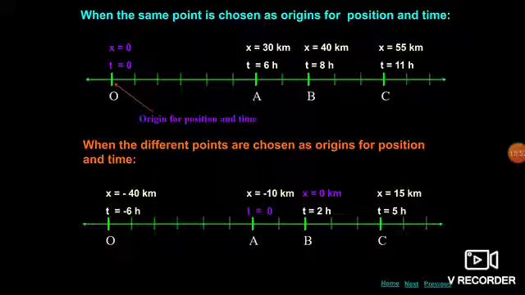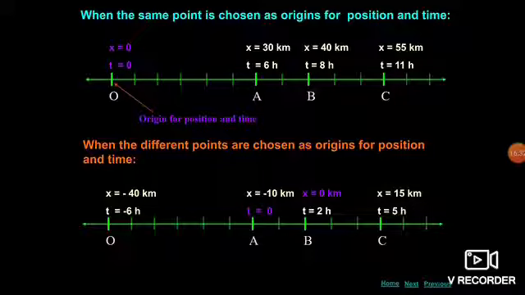That's why you have seen that A will now be minus 10 kilometers, because earlier in the above figure, when O was the reference point or origin for position and time, A was at 30 kilometers and B was at 40 kilometers. The distance between A and B was already 10 kilometers. Now as B has been chosen as x equal to 0, definitely to measure A we will go to the left-hand side. Left-hand side we are taking as negative, that's why it becomes minus 10.